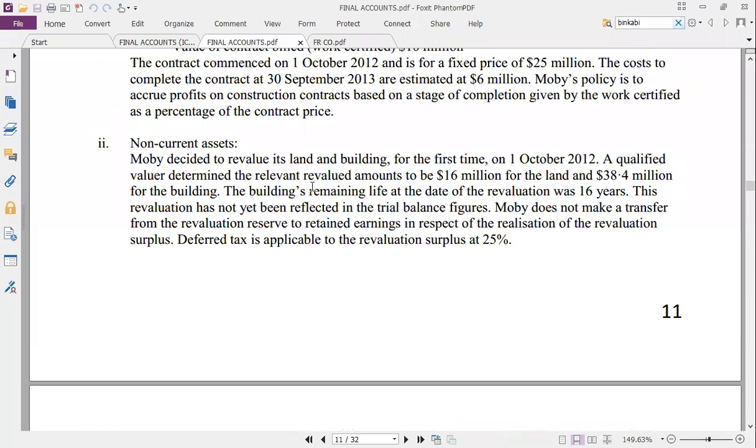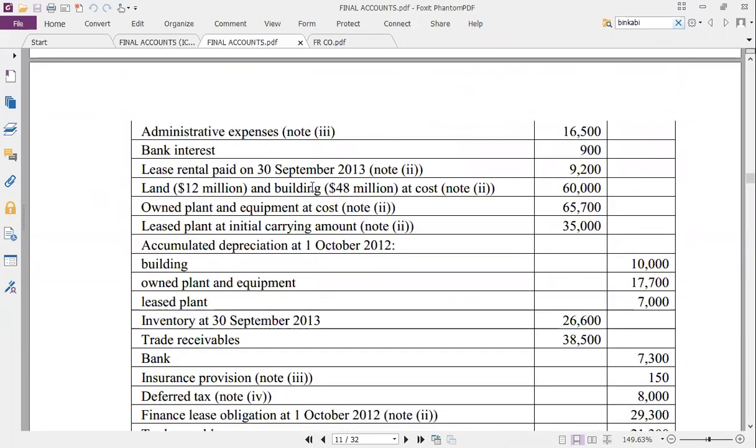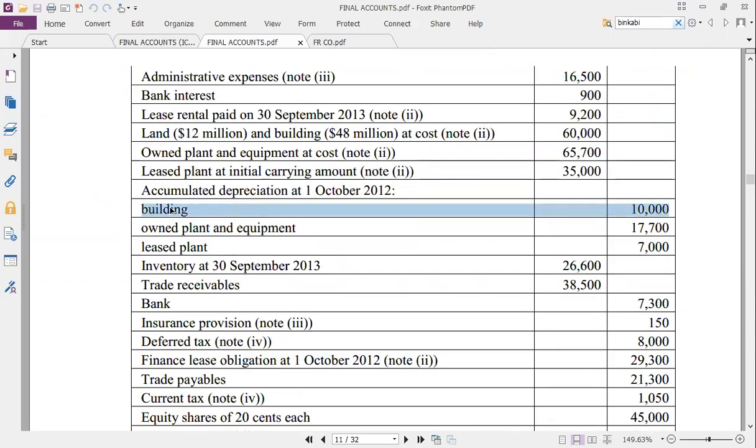In the trial balance, the building value is 10,000. Land and building, where's the land? This is the accumulated depreciation. Land and building should be somewhere here. This land and building is 60,000. The land is 12 million, building is 48.